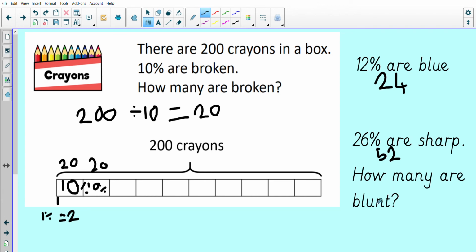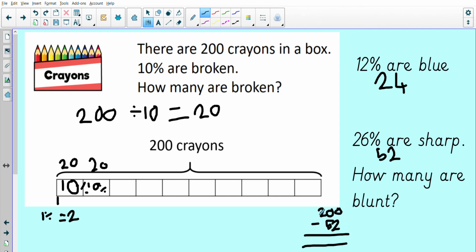It says how many are blunt? Well, I know 52% are sharp. That isn't answering how many are blunt. I need to do a subtraction here. 200 take away the number that are sharp, minus 52, leaves me with the number that are blunt. So 2 from 0 can't do.